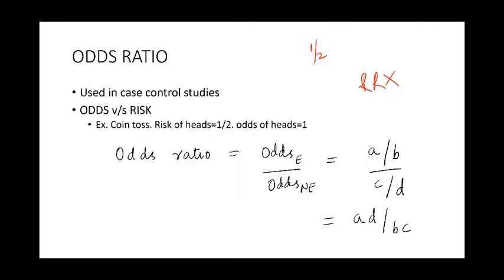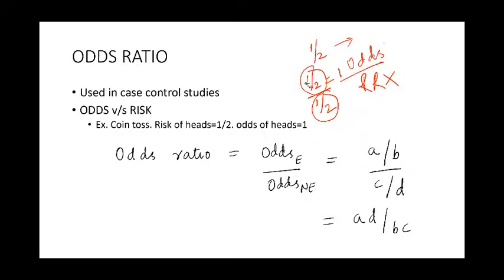However, odds is the probability of one event happening divided by the probability of the other event happening. So if there are 2 events which have equal probability, it would be 1 by 2 divided by 1 by 2. So it will be 1. So here we see that probability is 1 by 2 while odds is 1.